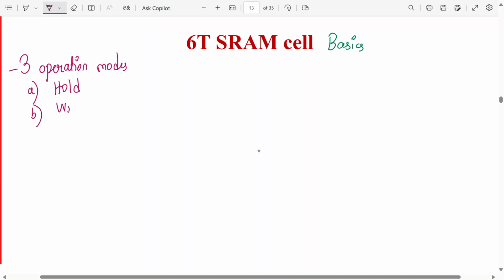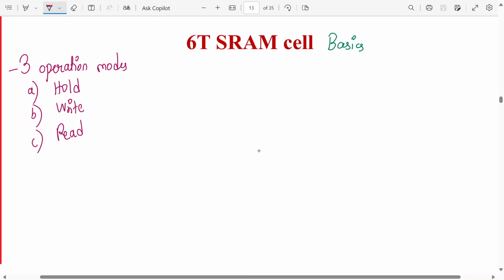Next is write mode. And the third is read mode. Okay, so we'll slowly and steadily build the circuit, but let me just draw the 6T SRAM cell so you can revise it generally.